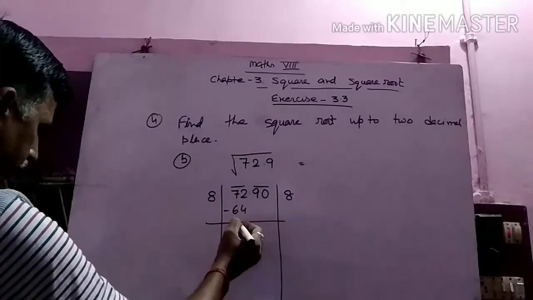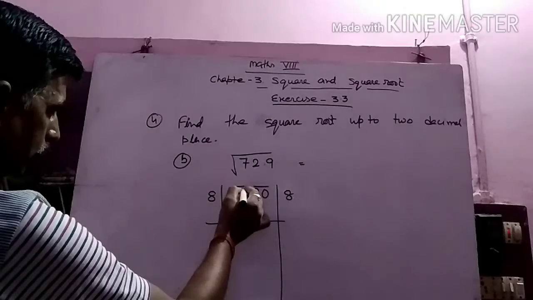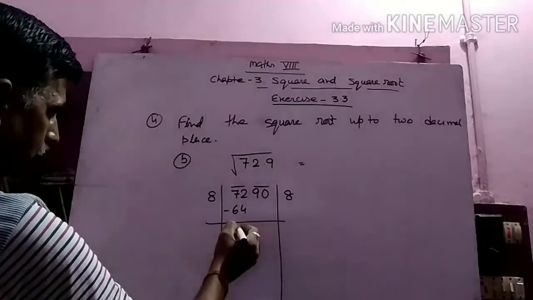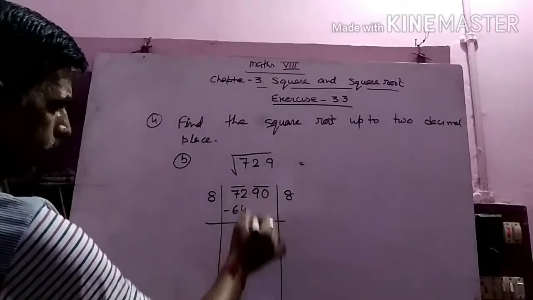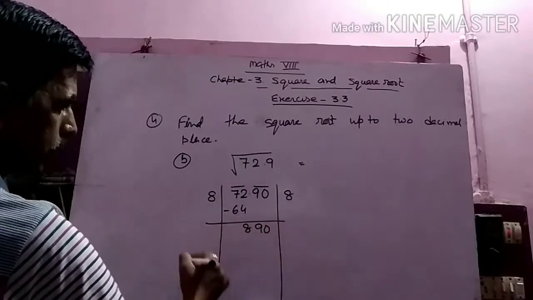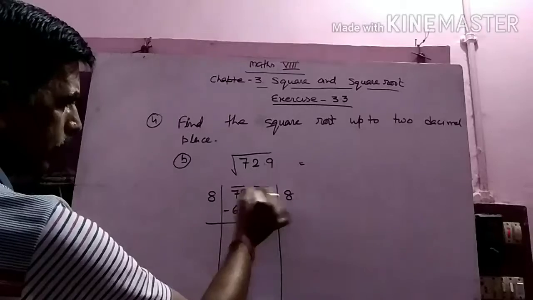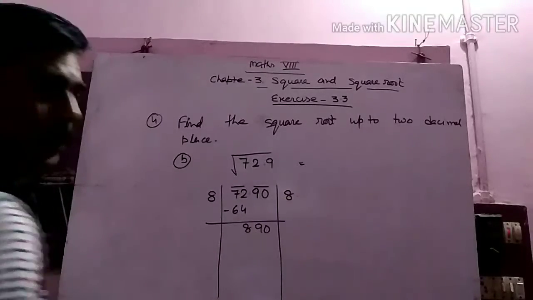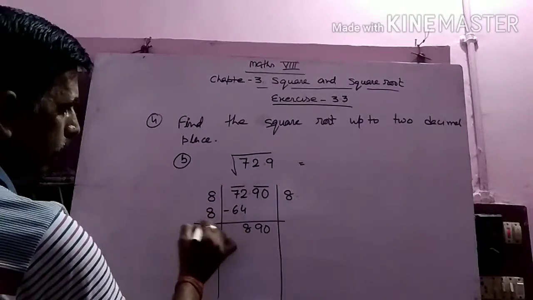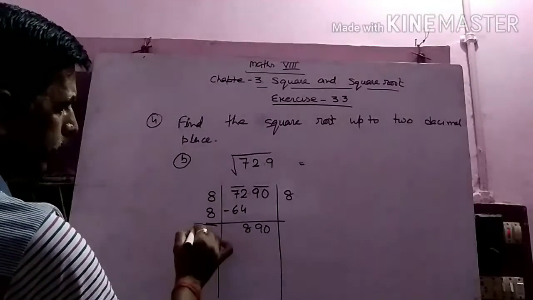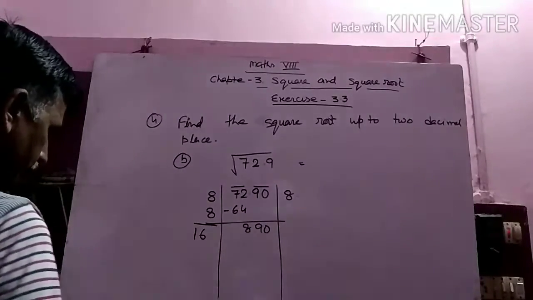After subtracting it, you will get 12 minus 4 becomes 8, and 90 is written back here. Decimal is placed here, so you have to place a decimal mark here. And here add 8, so 8 plus 8 becomes 16.